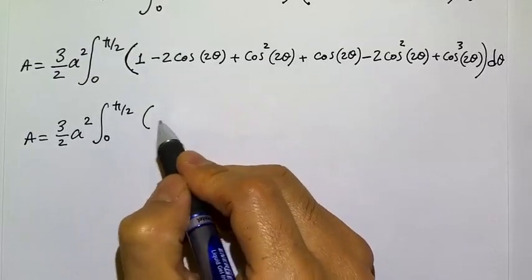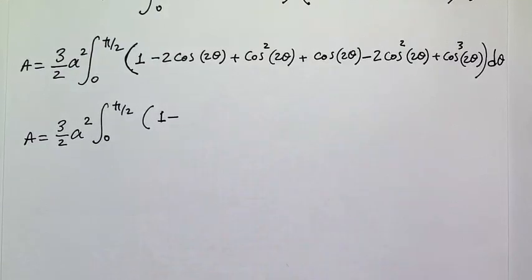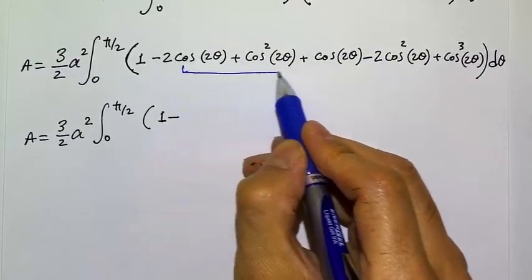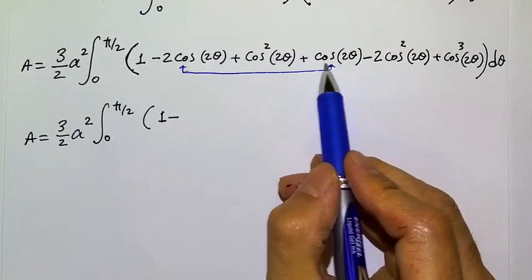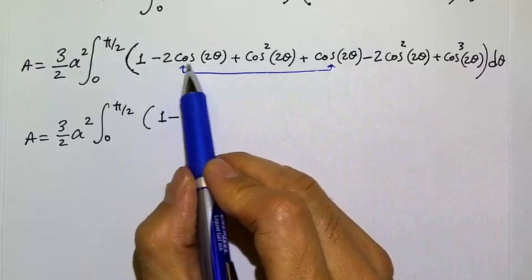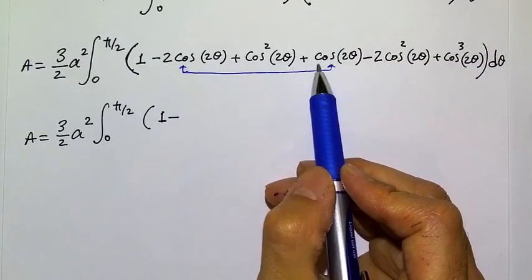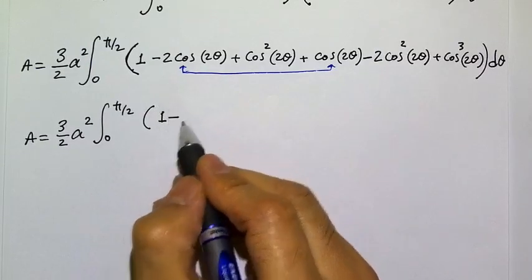So I'm just going to say 1 minus. Notice that these two combine, right? We don't have any other cosine 2 theta with no power. Minus 2 cosine 2 theta and that positive cosine add up to minus cosine 2 theta.